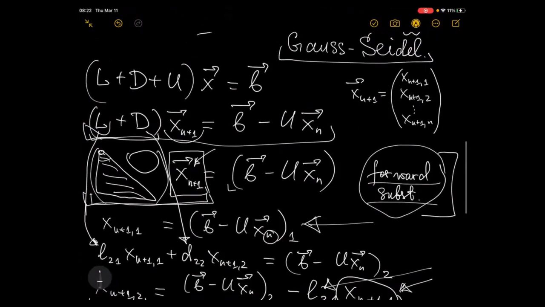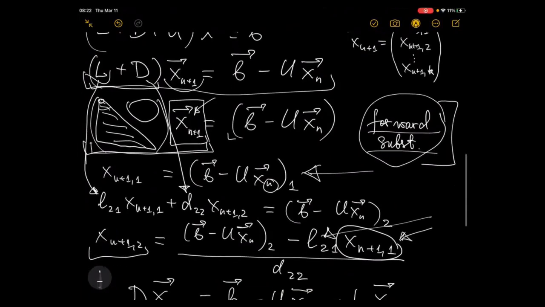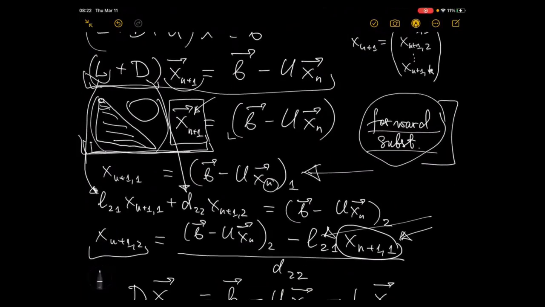Or if you like, I can say the kth component, if you have a k-dimensional vector. So this is L plus D, lower entries and diagonal entries. This will give me the lower triangular matrix. Is it clear or not?